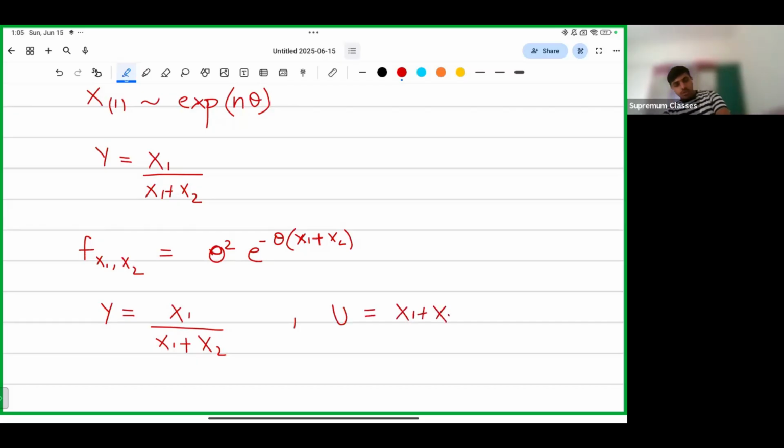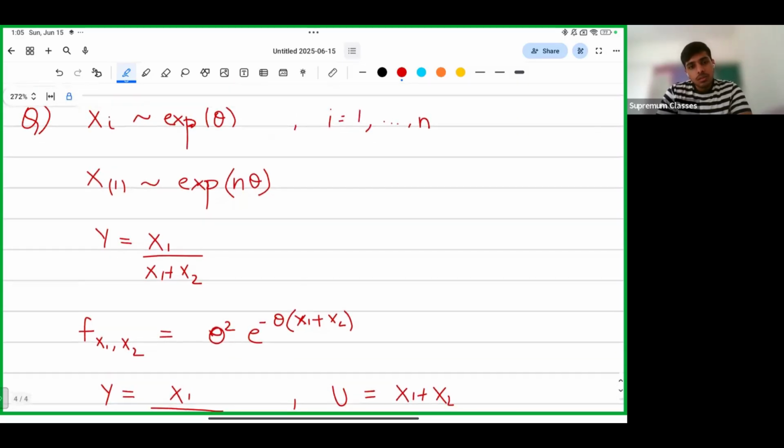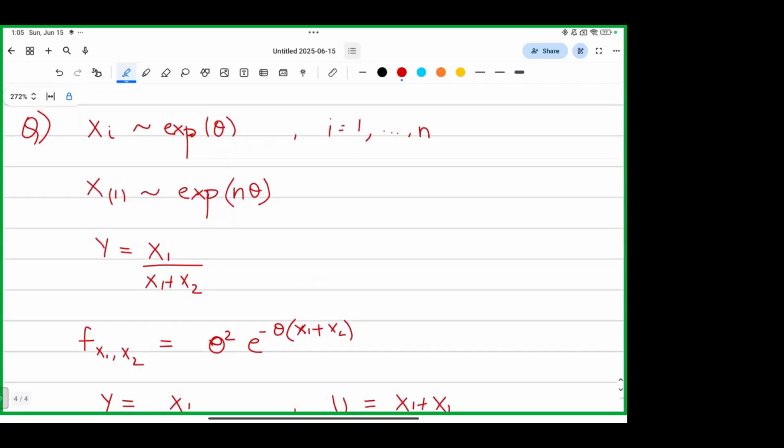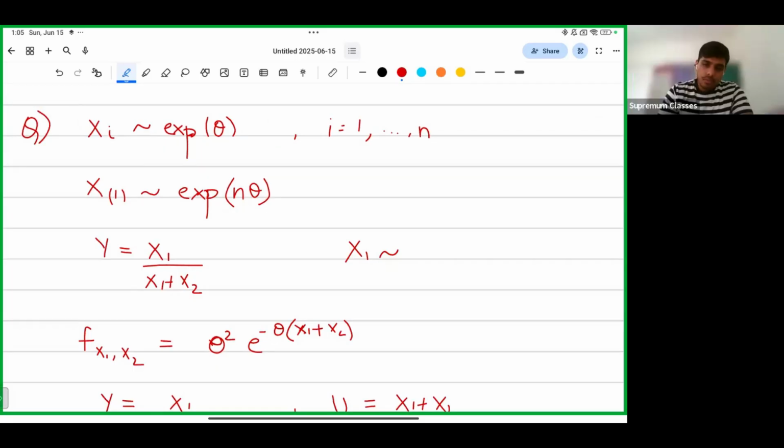If you do not wish to do the whole derivation, you can use some transformation or technique, some known results, if you know some. We can say that x1 would follow... Can we use that gamma over gamma? Please do that.